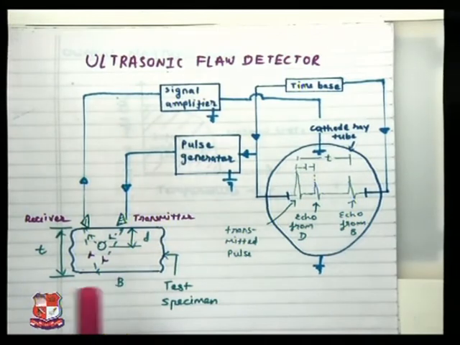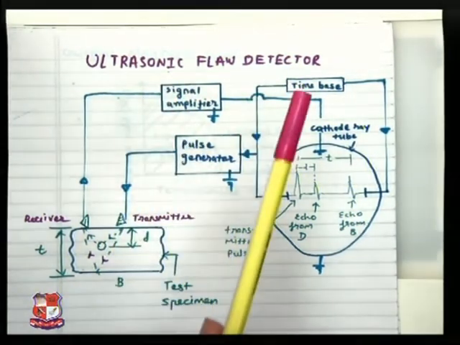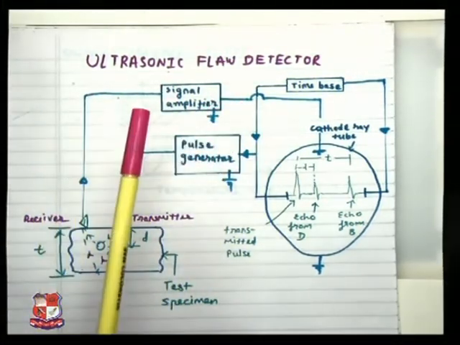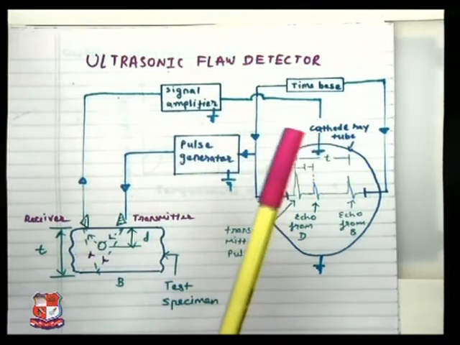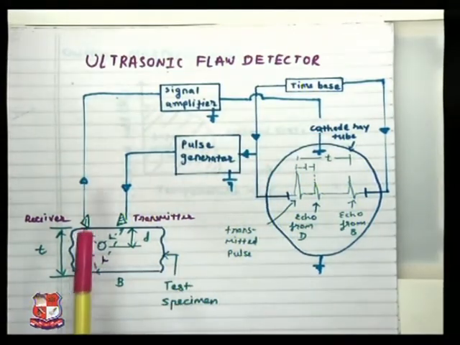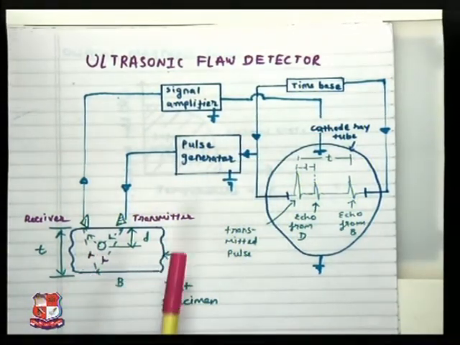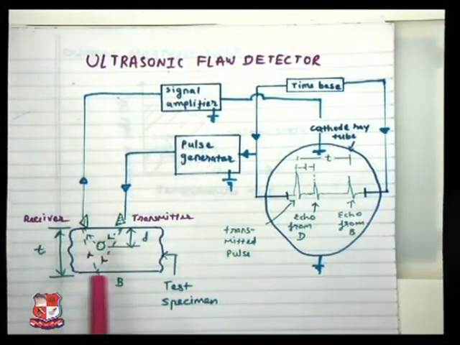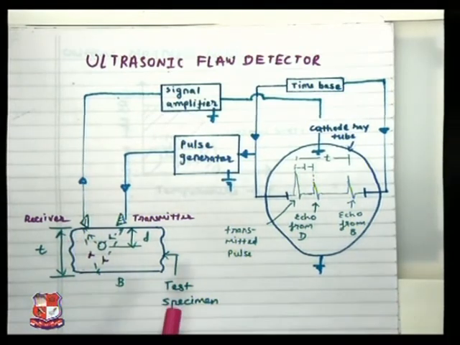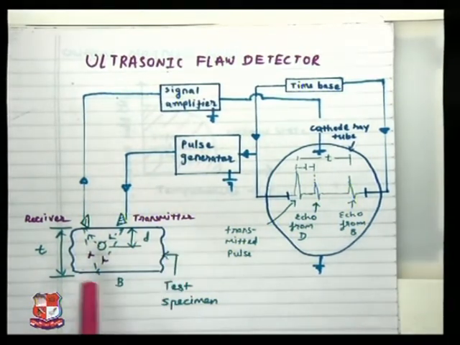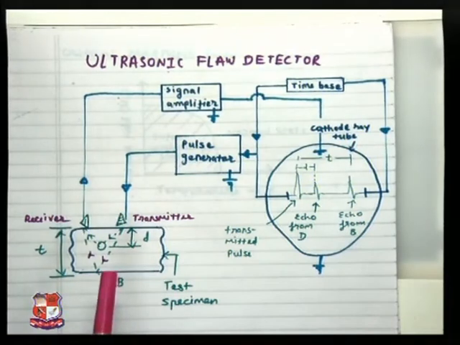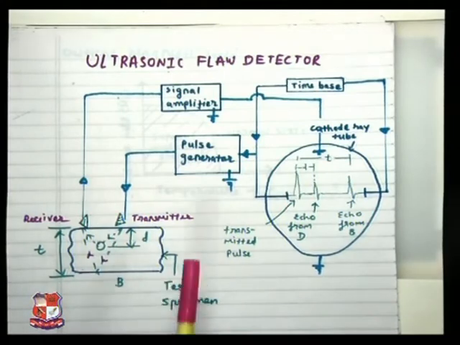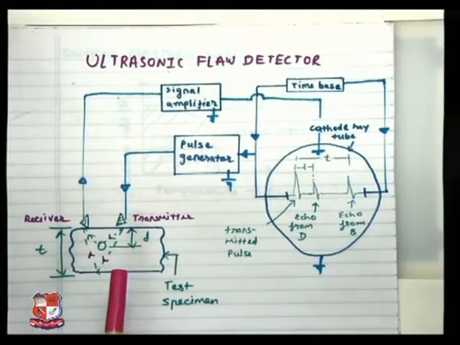While answering the question of ultrasonic flaw detector, it is also known as a through transmission system. Here you can see that this is the test specimen. The question arises in your mind, which type of test specimen? It could be metal, non-metal, any polymer product, or rubber type.